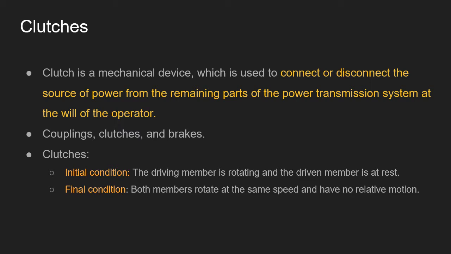Therefore, actuating the clutch will cause the driven member to be at rest. And finally, when you release the clutch pedal, the clutch plates will be engaged, and both the driver and the driven shaft will rotate at the same speed and they will have no relative motion. So this is how a clutch works. So let's move on to the next slide.